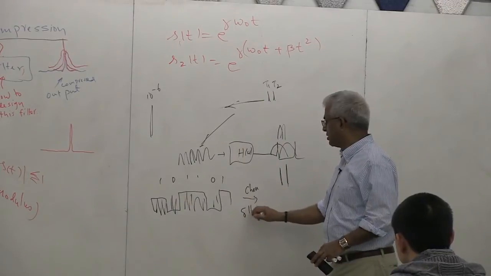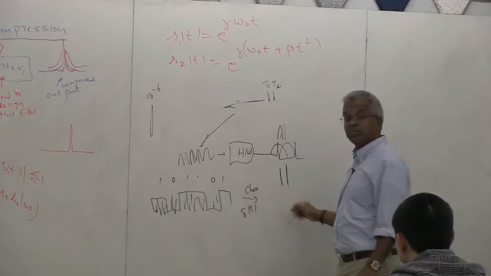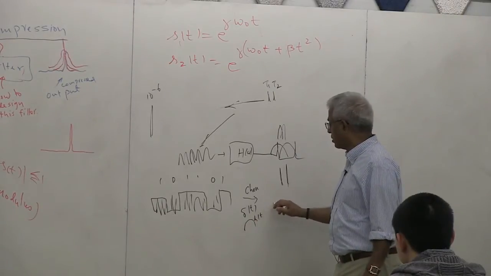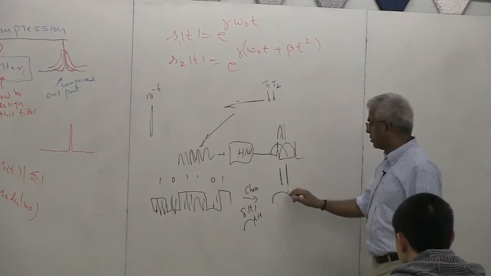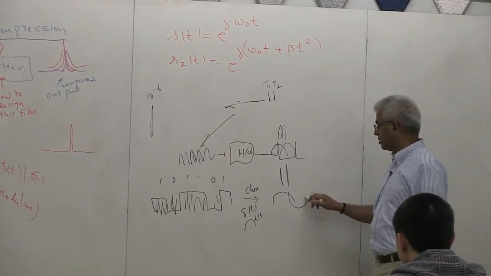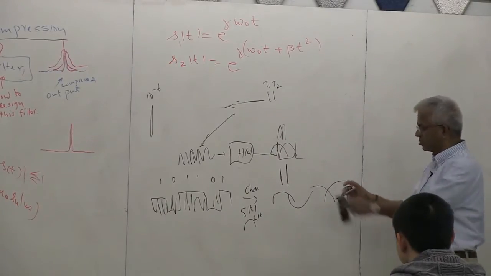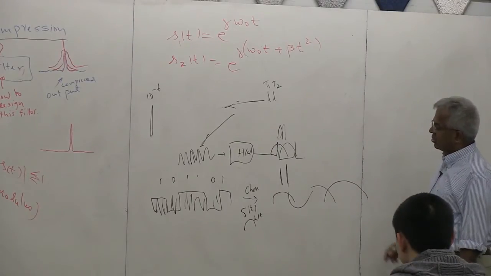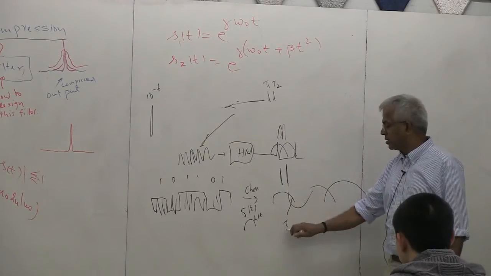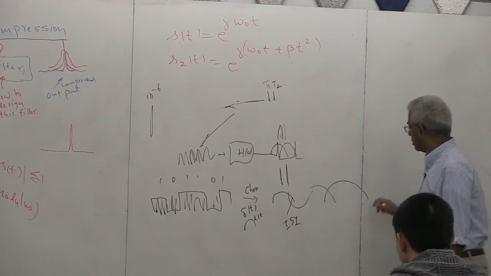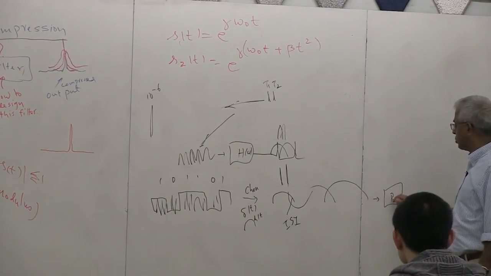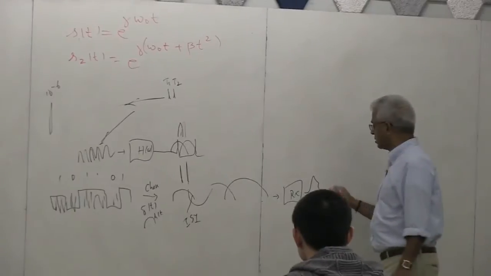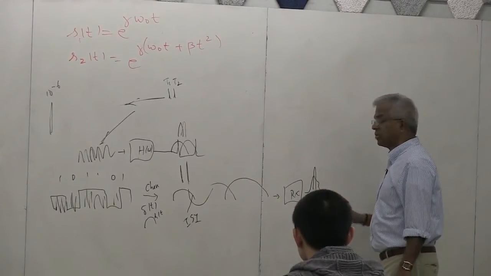Of course, if you assume it's an impulsive, perfect channel, the same thing will come out. But if the channel has some response h(t), the 1 will look like this, then the 0 is going to look like this, then the 1 will look like this, and things will get spread out. This is inter-symbol interference. So again, you need a receiver which will compress so that this information is compressed within this duration. If you can do better compression, that's even better.